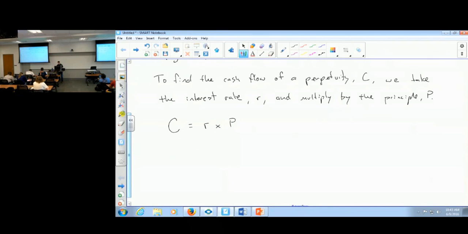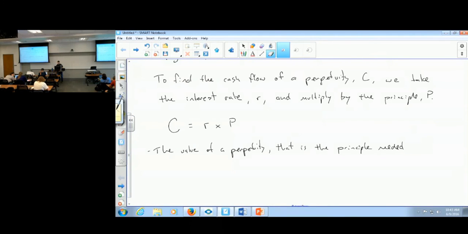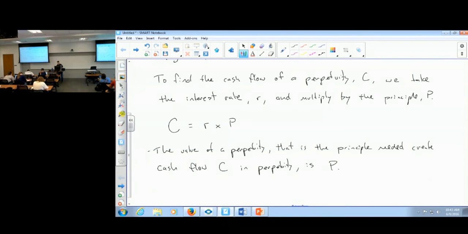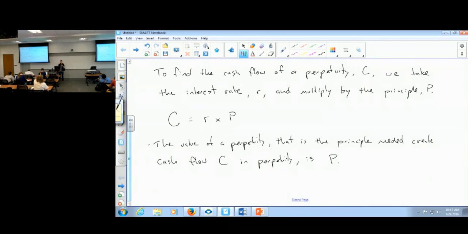So using this, then, the value of a perpetuity, that is the principal needed to create cash flow C in perpetuity, is P, that principal amount that we would have to deposit.